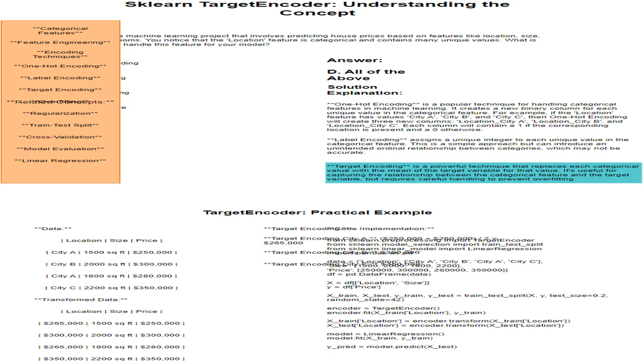One-hot encoding is a technique that creates a new binary column for each unique value in the categorical feature. The value of 1 is assigned to the corresponding column and 0 otherwise. This method preserves the categorical nature of the feature without introducing any ordinal relationship between the categories.